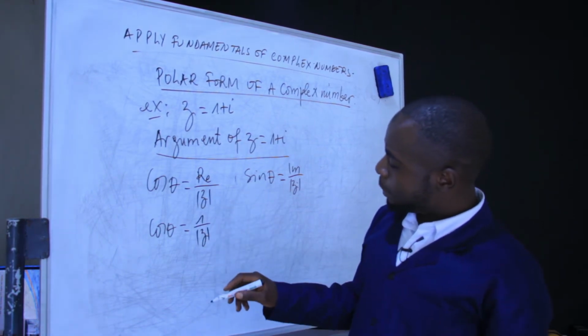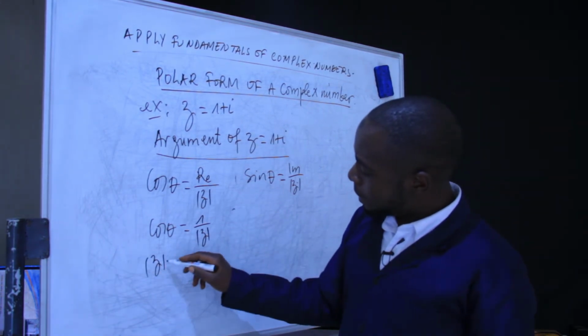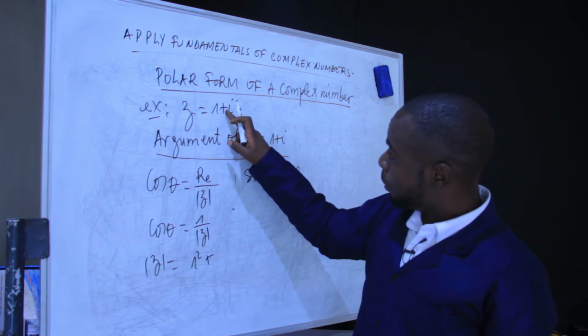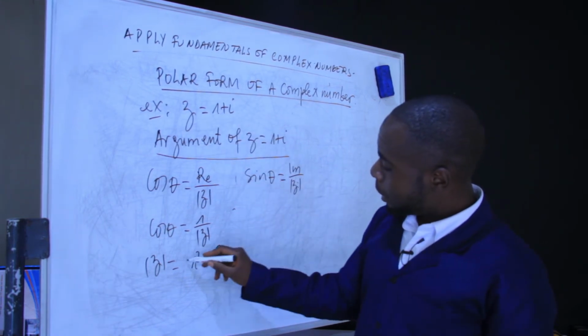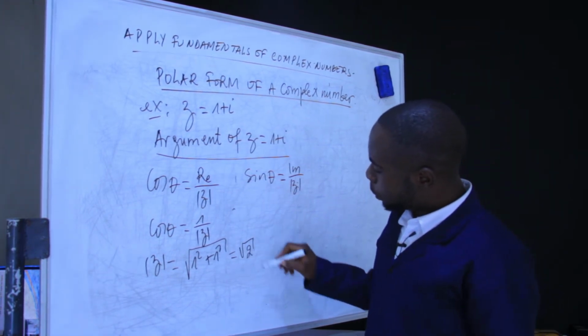We can calculate the modulus first. The modulus of our complex number will be equal to the square root of 1 squared plus 1 squared, which is the square root of 2.